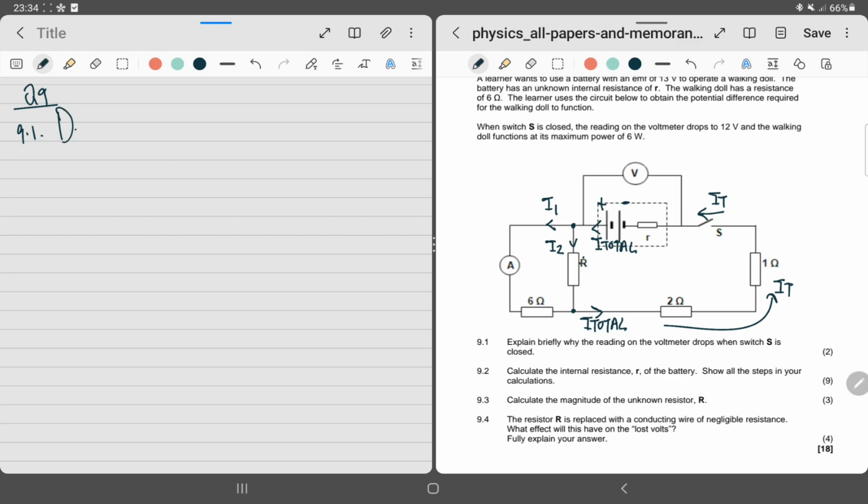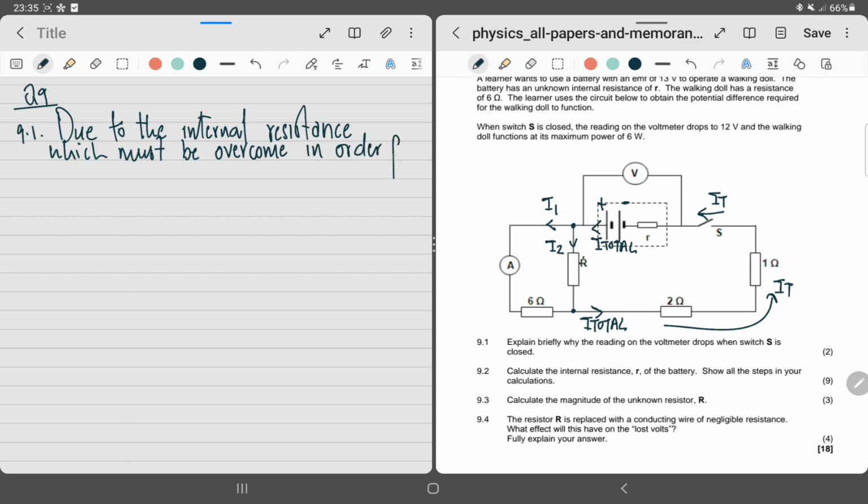So the reason why the voltmeter reading drops is because of the internal resistance, which must be overcome in order for current to flow.